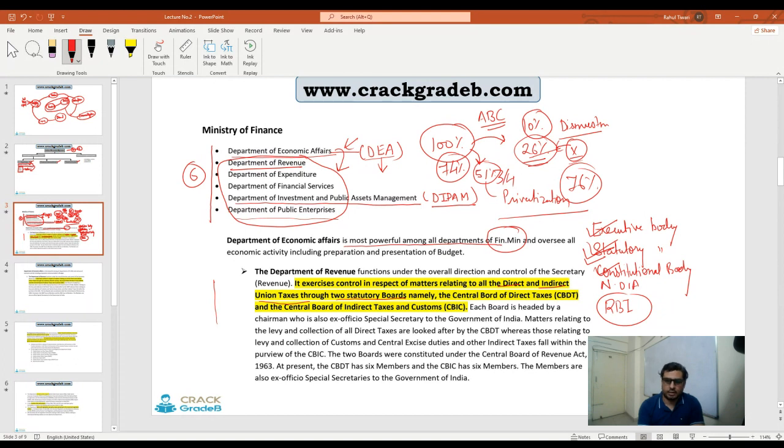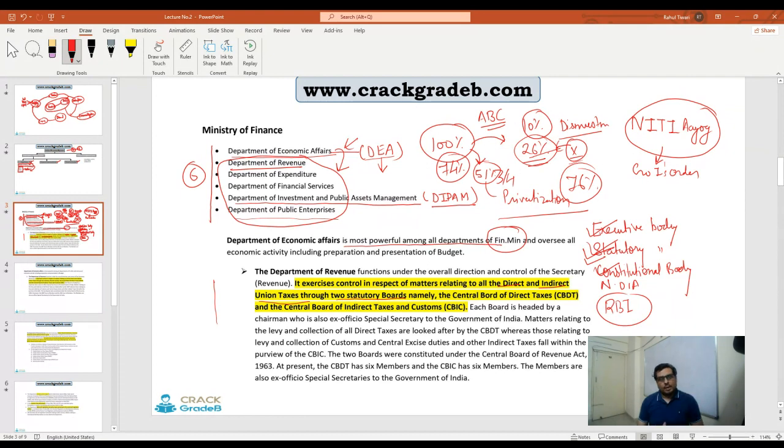for example, when this government came to power, they scrapped the Planning Commission and formed Niti Aayog. So this Niti Aayog was formed with the Government of India's order, right?